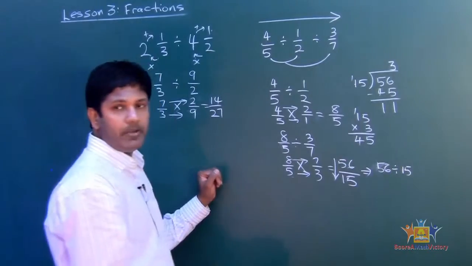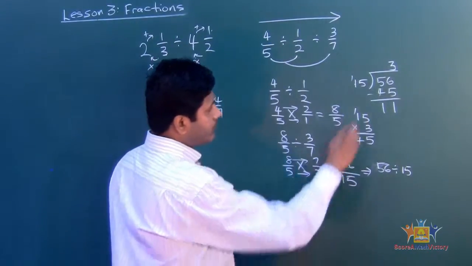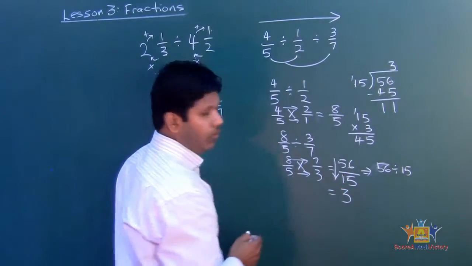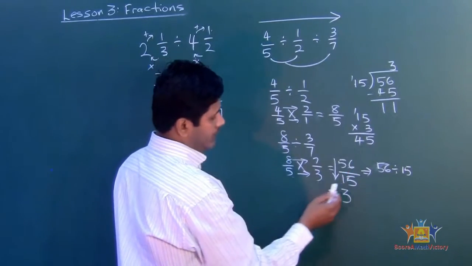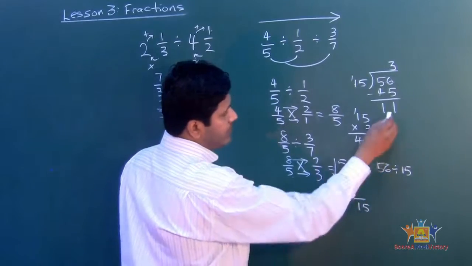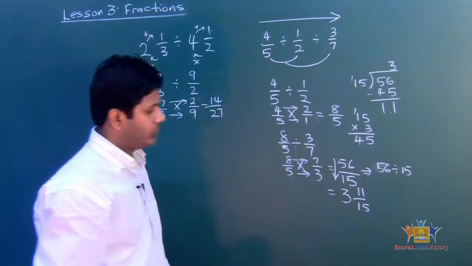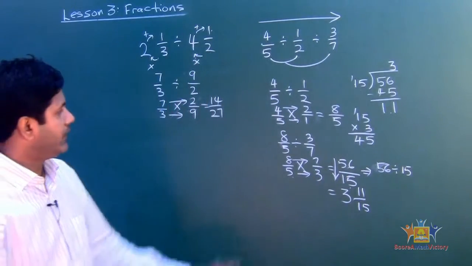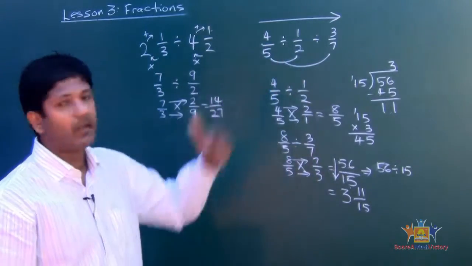So that's my remainder. That's the whole number, and the denominator is also 15, and the remainder is the 11. So 3 and 11 over 15. That's my final answer for that problem right there.